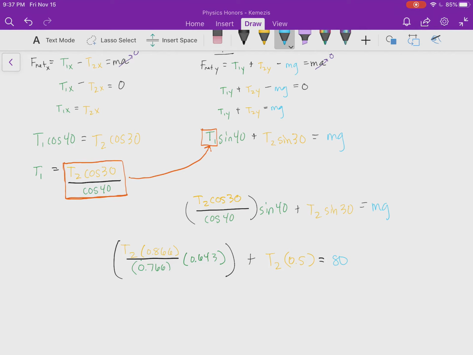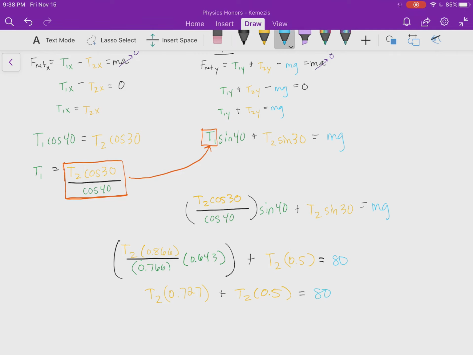Okay, so we can do this math here: 0.866 divided by 0.766 times 0.643. And what we get for the thing in parentheses is T2 times 0.727, plus T2 times 0.5.